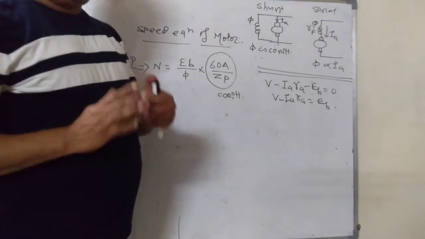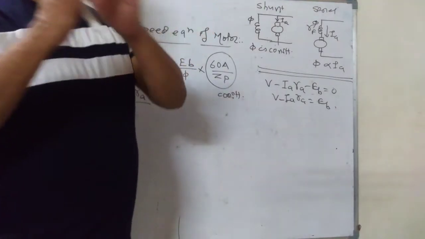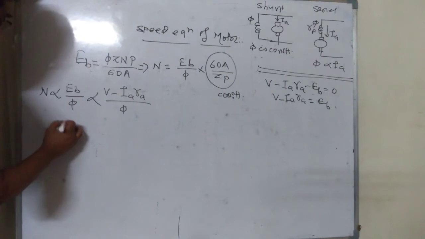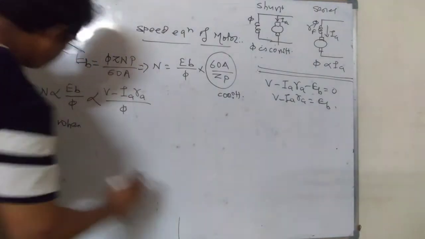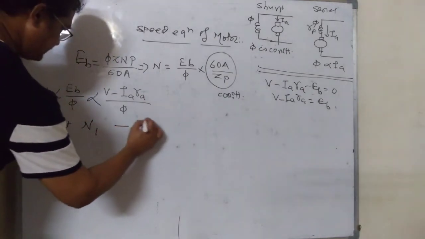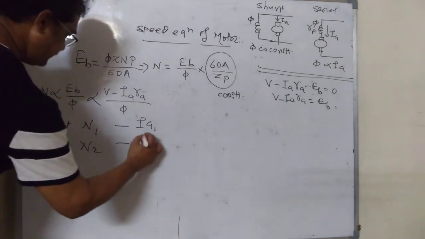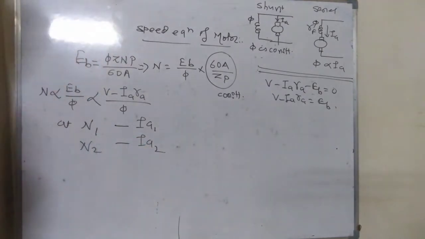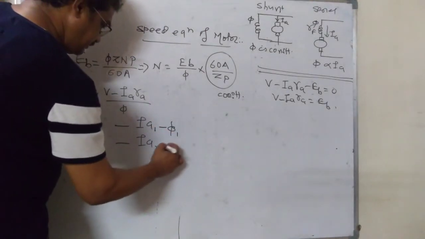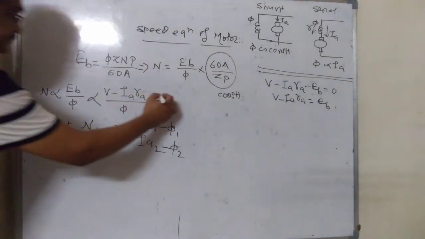So we will see speed changing from one value to another. Suppose speed is changing from N1 to N2. Suppose at speed N1 current is Ia1 and at speed N2 current is Ia2. Similarly, flux is phi1 and flux is phi2. So we will write two equations.